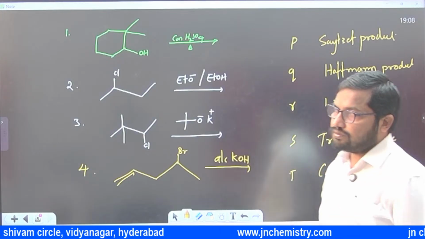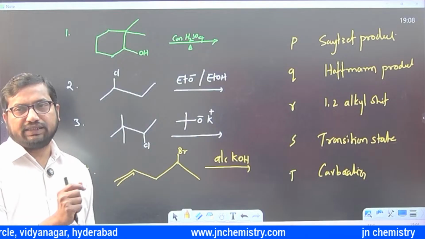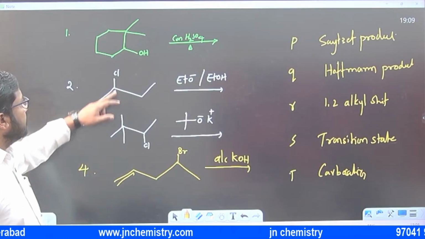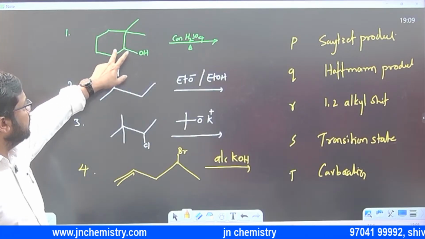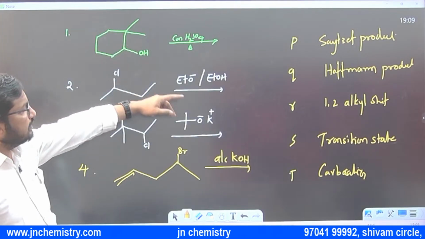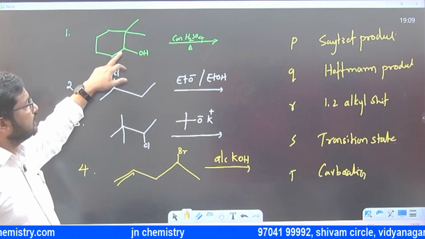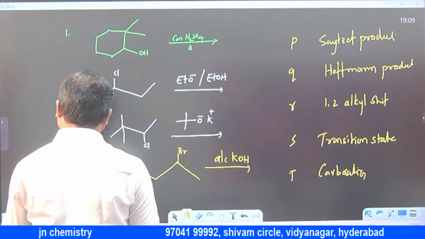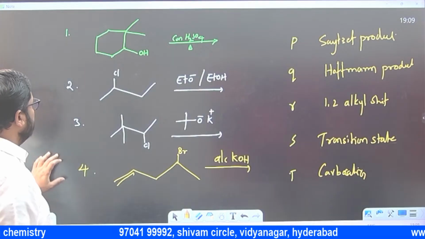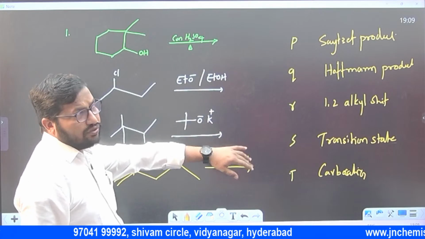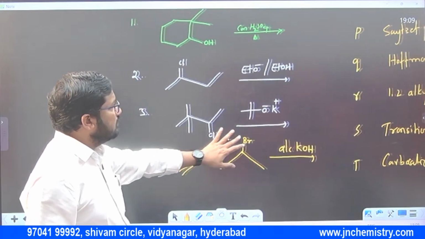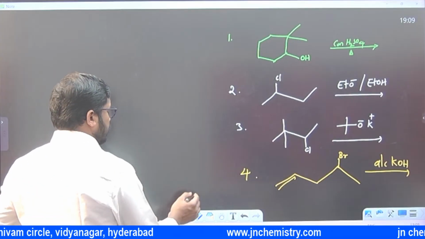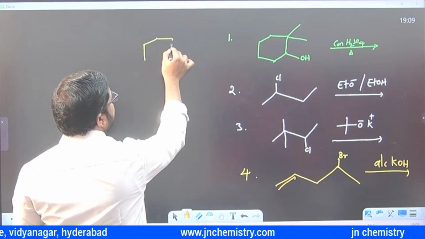So matching type of questions they'll ask, basically matching type of questions. In this case, first one, what exactly happens? First OH is going, alkyl shift takes place. So means 1 to alkyl shift takes place, right? So those no need actually, okay? Right now, in this case, first what exactly happens?